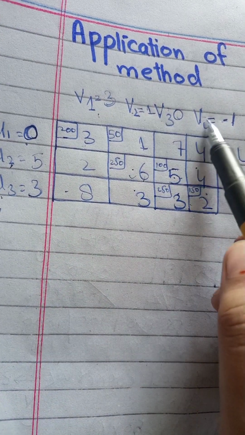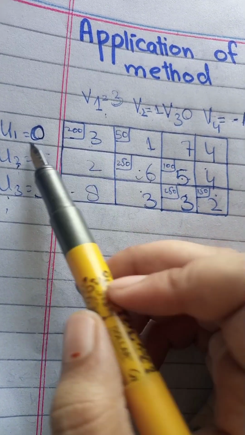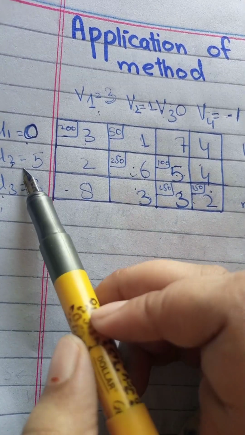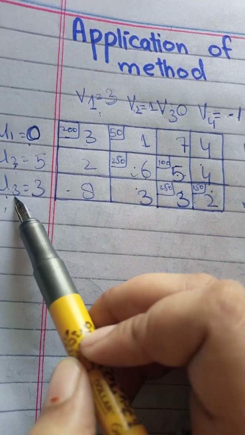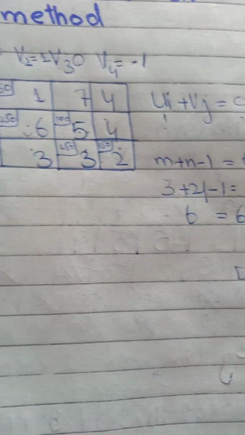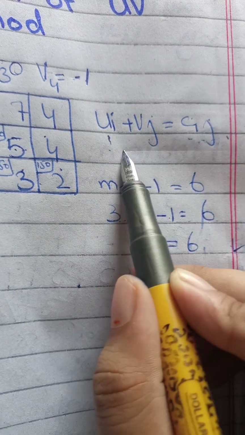We have found all the values. Let me check. 0 plus 3 equals 3. 0 plus 1 equals 1. 5 plus 1 equals 6. 5 plus 0 equals 5. 3 plus 0 equals 3. 3 minus 1 equals 2. So we have done this equation for allocation cells.